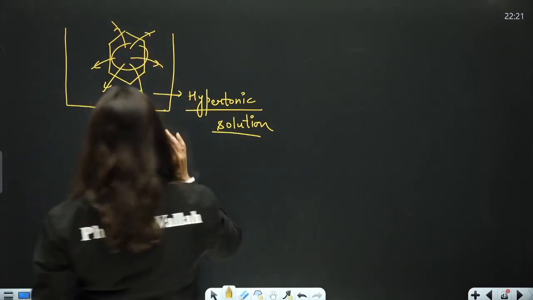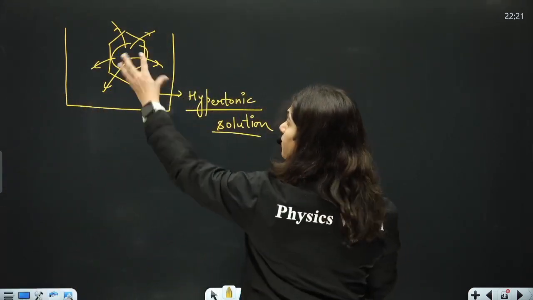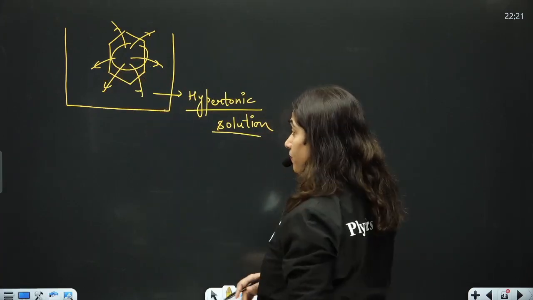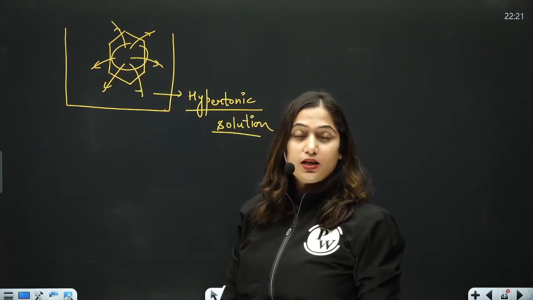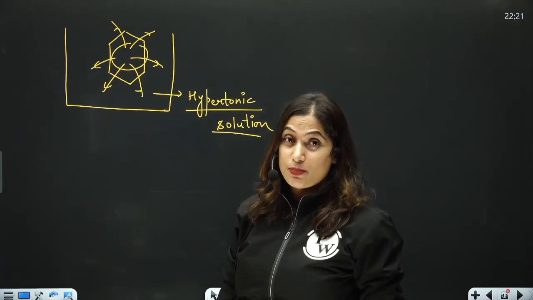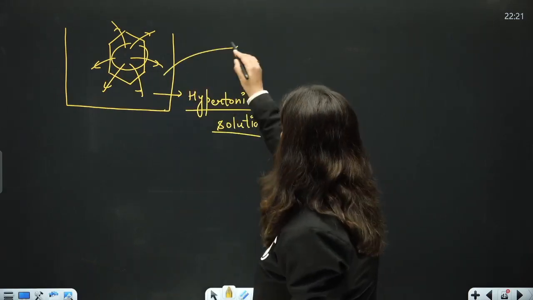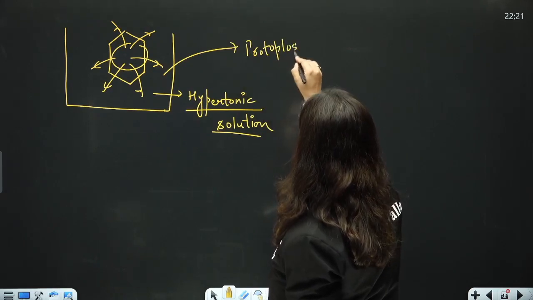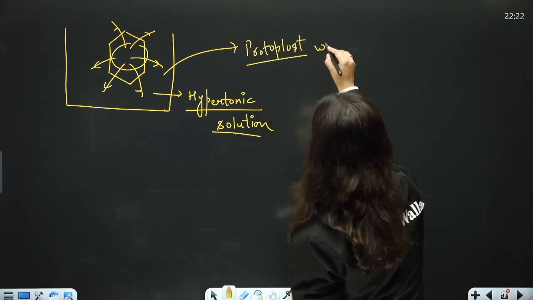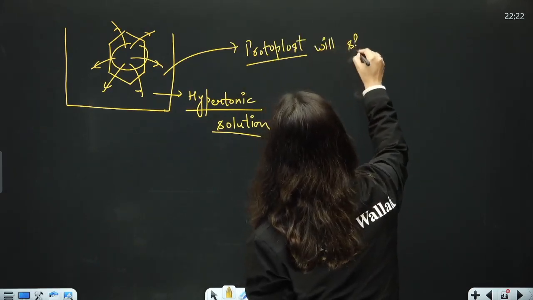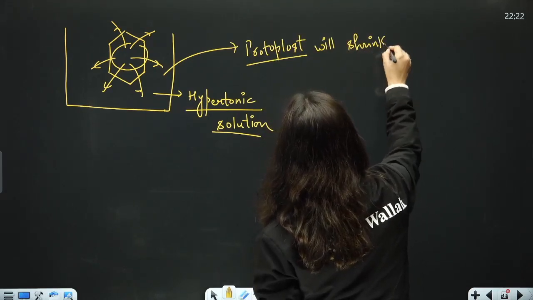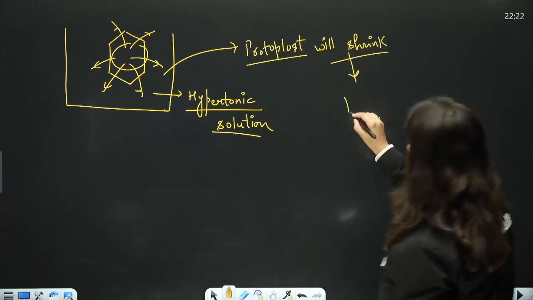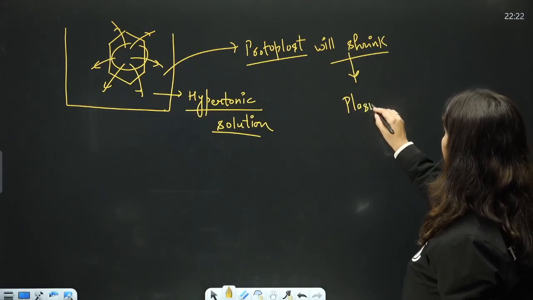Now, what will happen is that when water comes out, this protoplast, what is protoplast? The living material of the cell: plasma membrane, cytoplasm. The protoplast will shrink. And this is called plasmolysis.